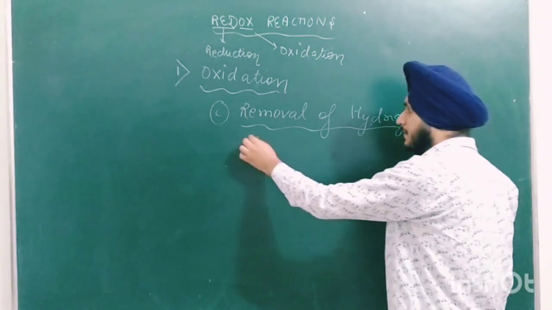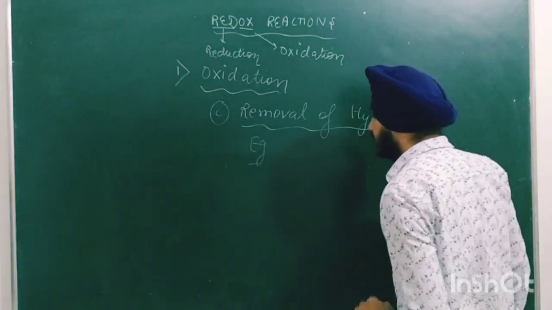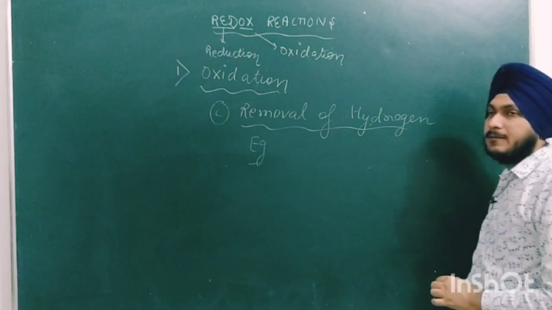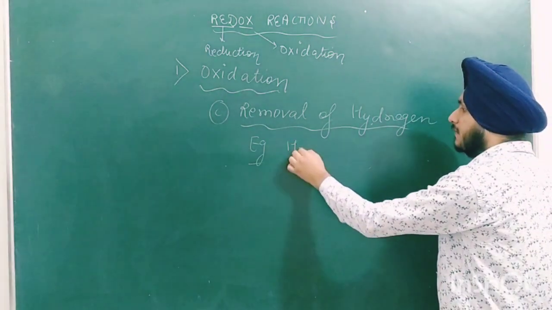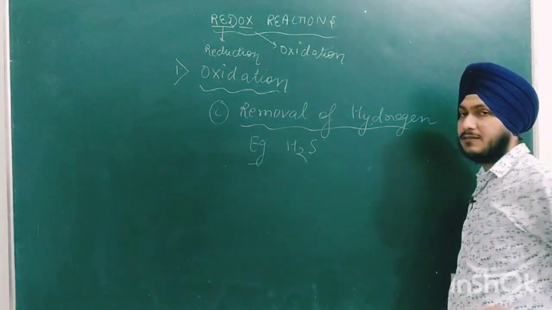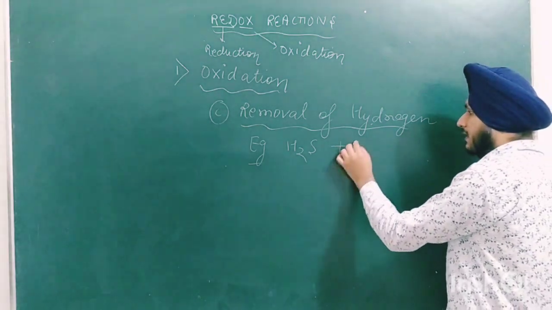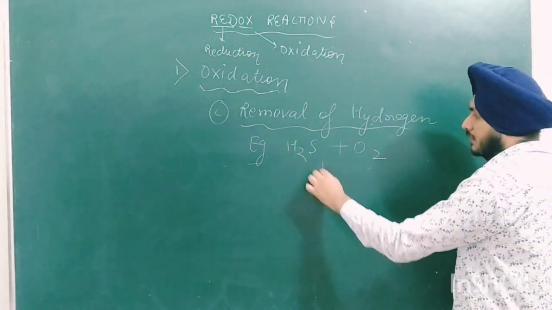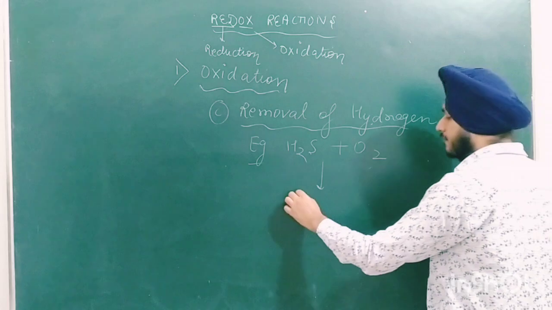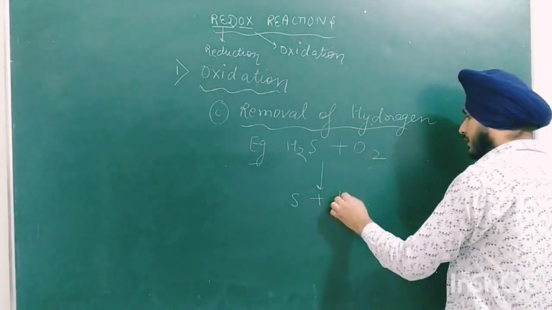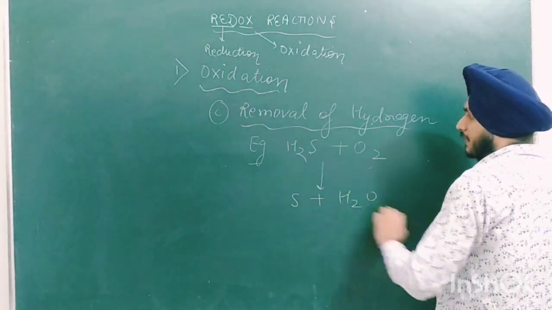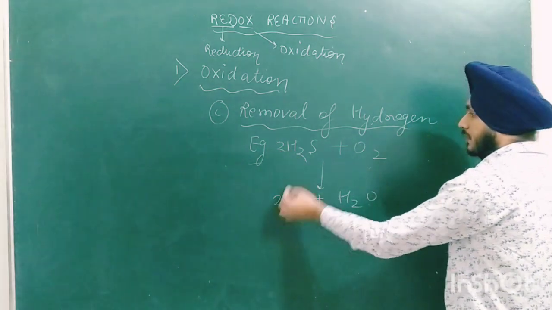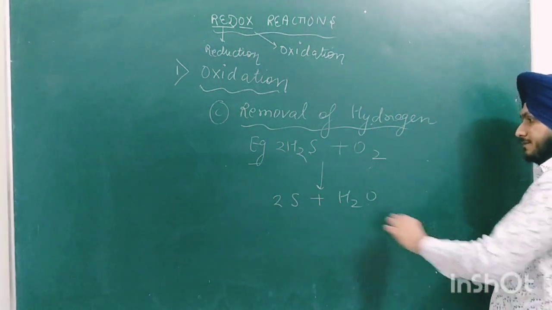Now what is the example? For example, if we have a compound having hydrogen, such as hydrogen sulfide gas, H2S, and we are adding O2, then this hydrogen will leave and we will get this product. Now balance this equation, 2 over here, and this is the balanced equation.